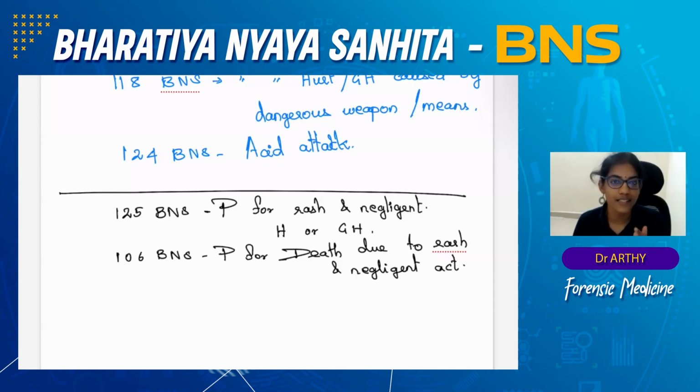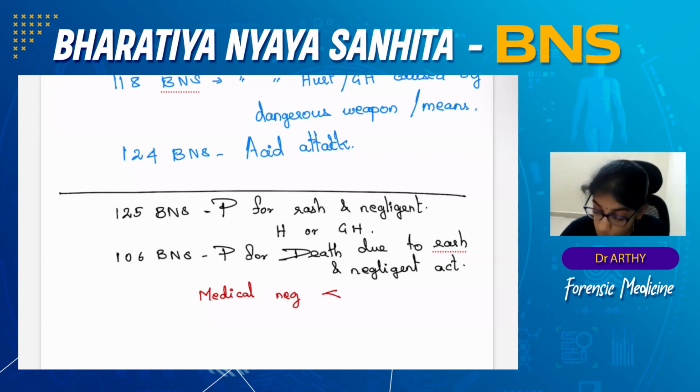So what they said is, now let's put the punishment in different categories. That is why doctors went out and did a strike and everything. When it is considered with respect to medical negligence, the punishment can extend up to 2 years.